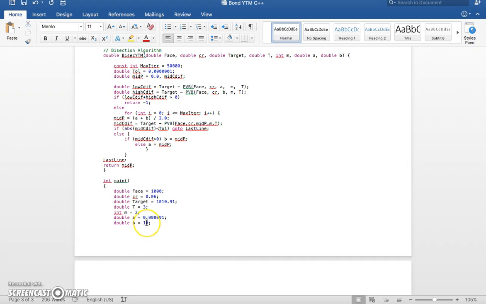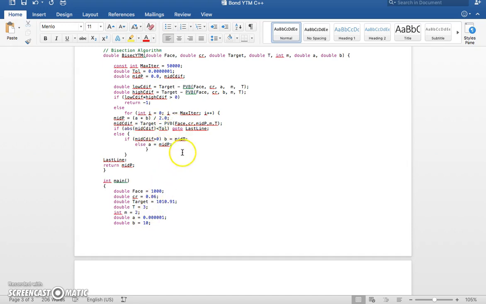So these are expressed in decimals. Okay, so if we put in a value of A less than virtually 0 and B 1000%, we should capture all scenarios. So it's a wide enough range.